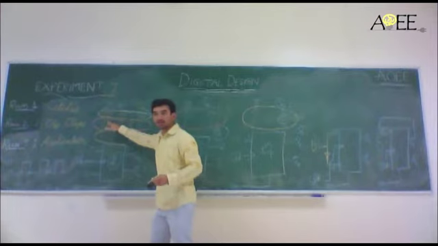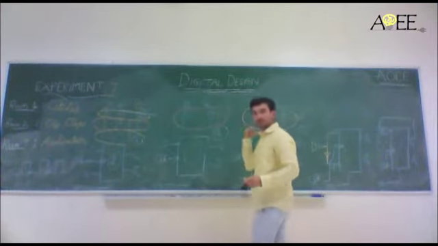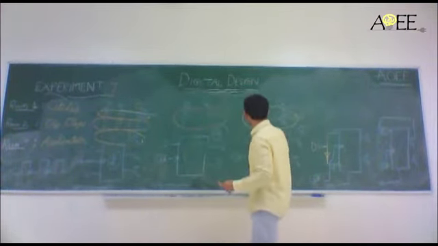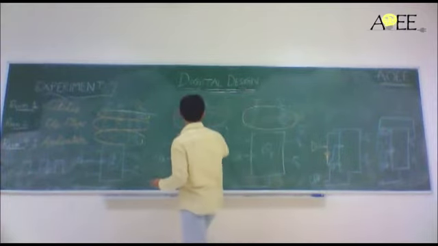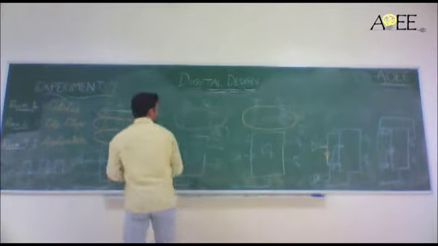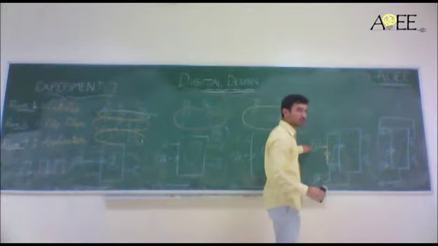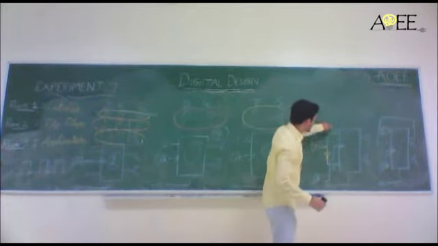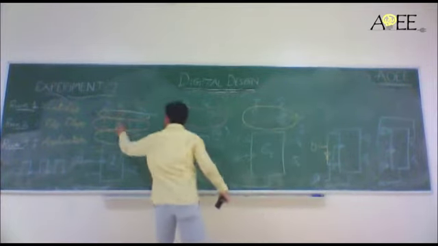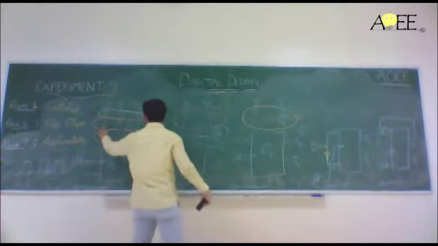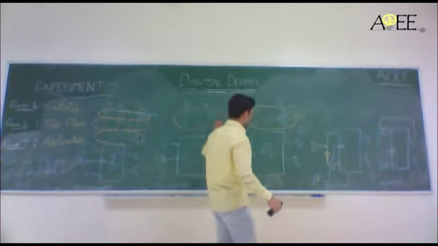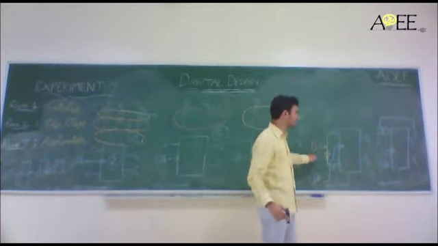I gave 1, I got 1. Now I gave D equal to 0. If I give 0, J is 0, K is 1, and the output is 0. Gave 0, got 0. So the D flip-flop is implemented.